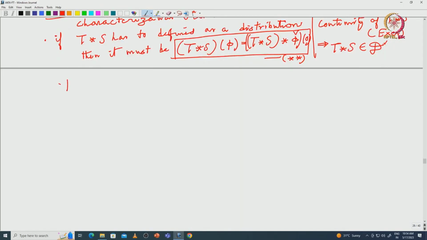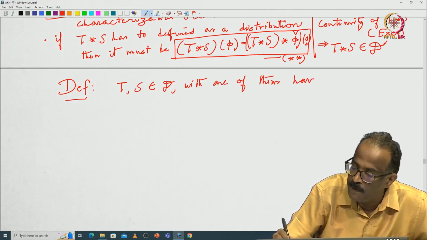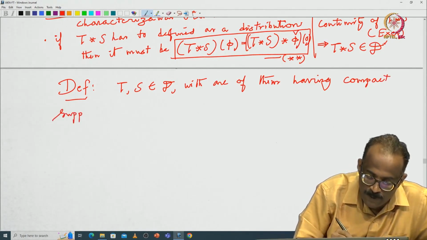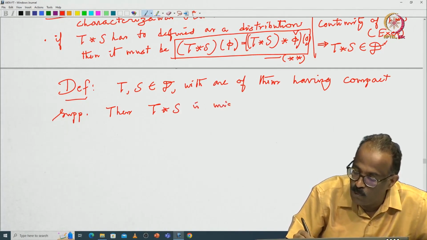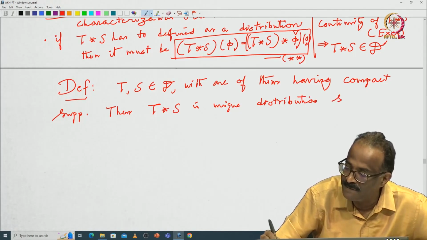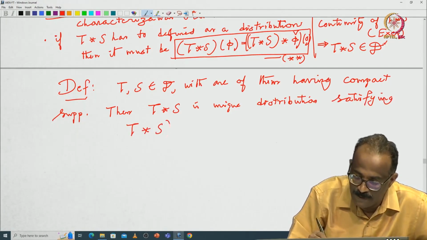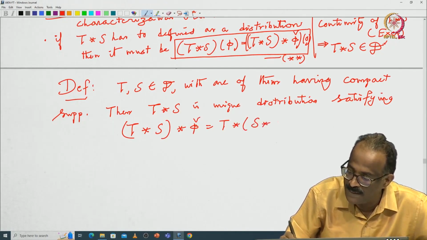So, the second definition is: T, S in D prime with one of them having compact support, then T star S is the unique distribution satisfying the associative law, satisfying T star of S star of features is equal to T star of S star of features.